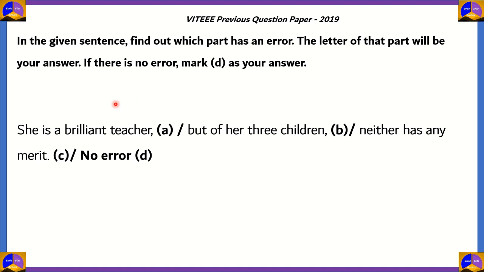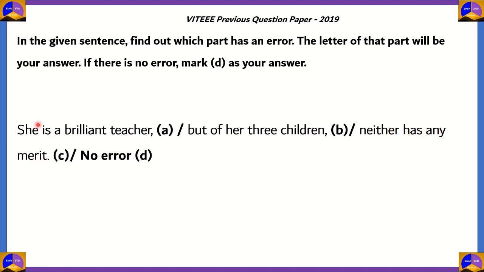So here comes our first question of the English side of the paper. In the given sentence, find out which part has an error. The letter of that part will be your answer. If there is no error, mark D as your answer. So here's the sentence. She is a brilliant teacher, but of her 3 children, neither has any merit.